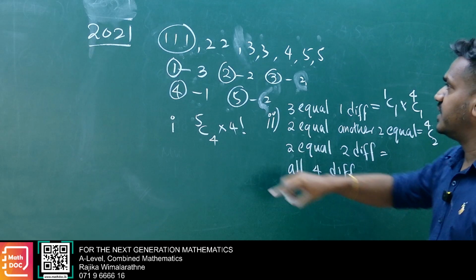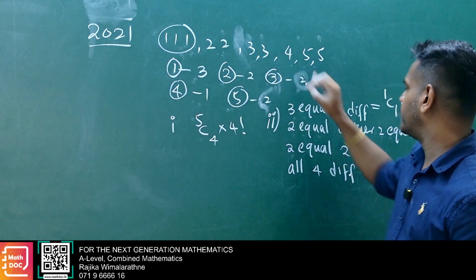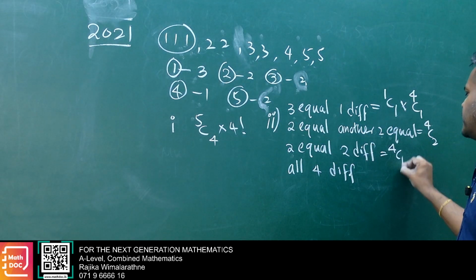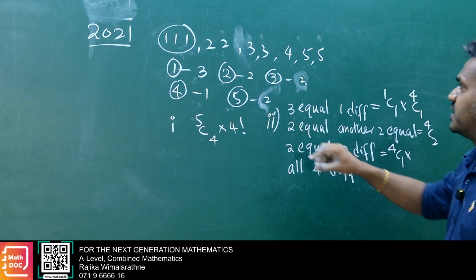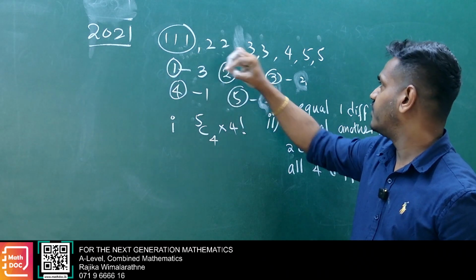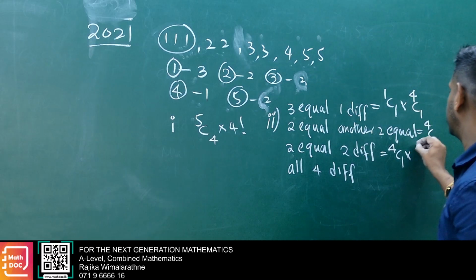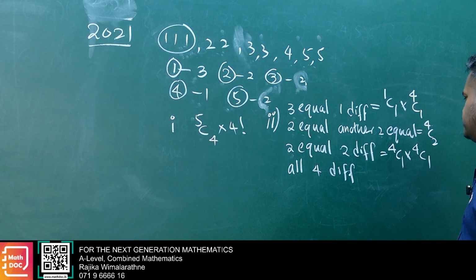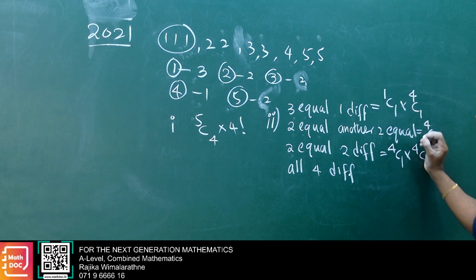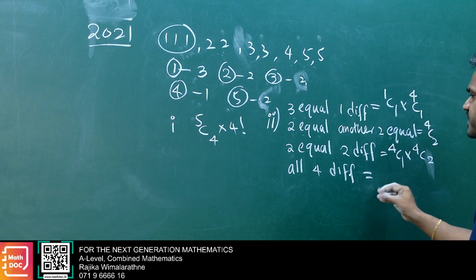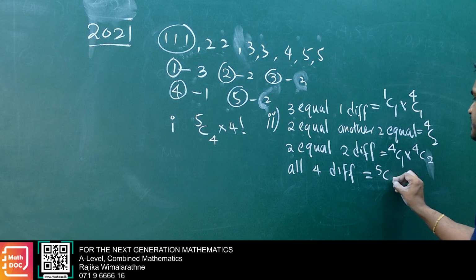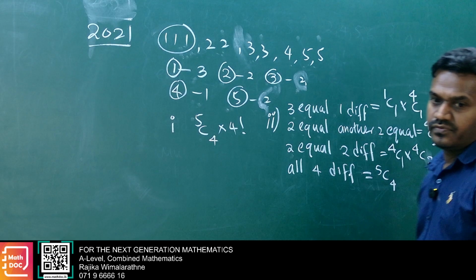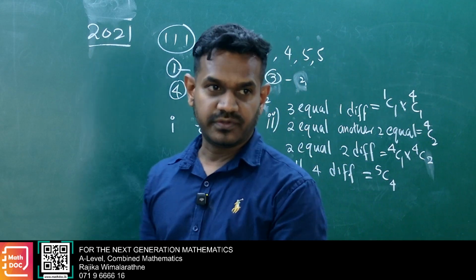Then 2 equal, select 4C1, one group. Then we have 3 groups remaining, select 2 for the 2 different. Then all 4 different is 5C4. That is the group selection.